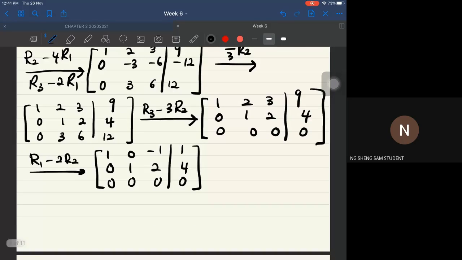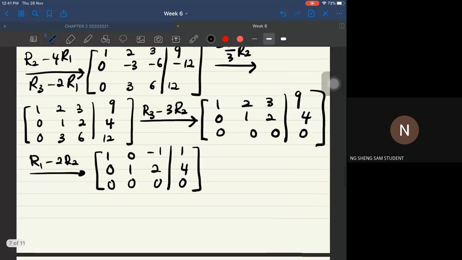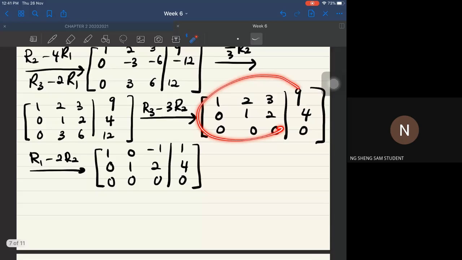So kalau kat sini you nak stop pun dah boleh, you nak teruskan pun tak apa. Tapi buang masa lah kalau teruskan because this one is already RREF. Okay. Kenapa daripada sini kita kena buat lagi satu step? Sebab syarat RREF yang keempat, if you have leading one, any other entry in that column must be 0. So sebab tu 2 ni kena jadi kosong.